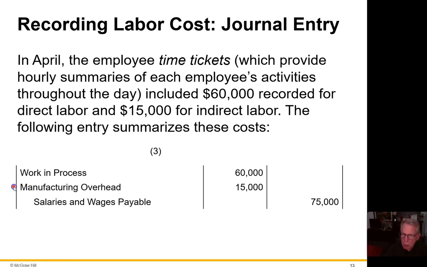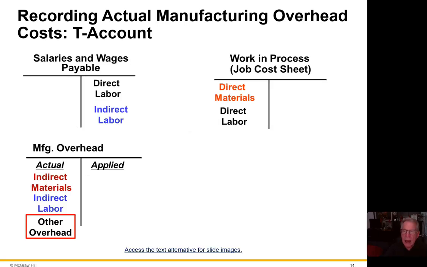The indirect labor is going to go into the overhead pool, and we credit the salaries and wages payable.